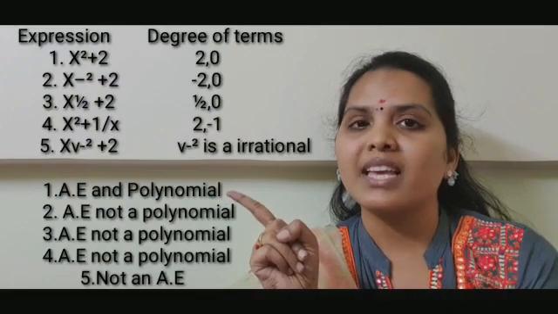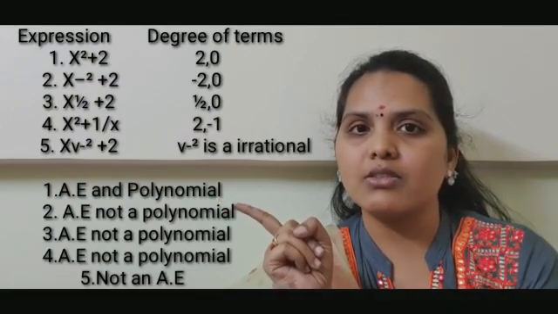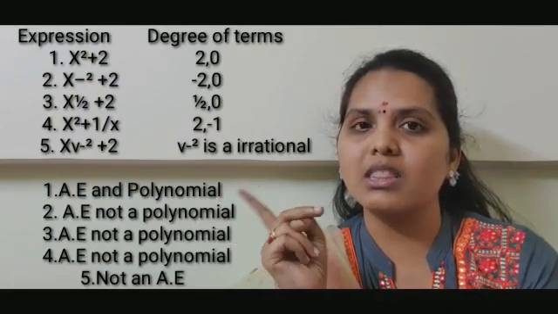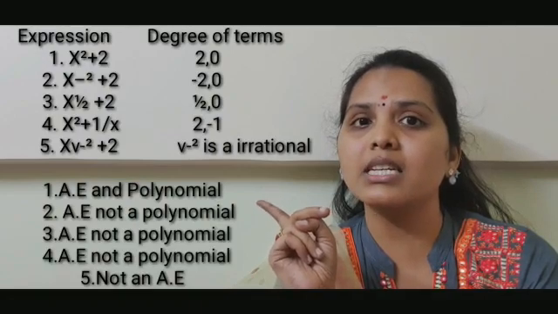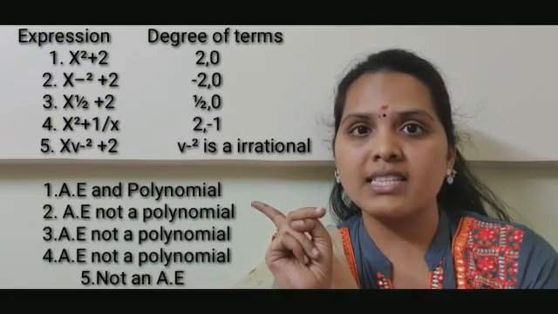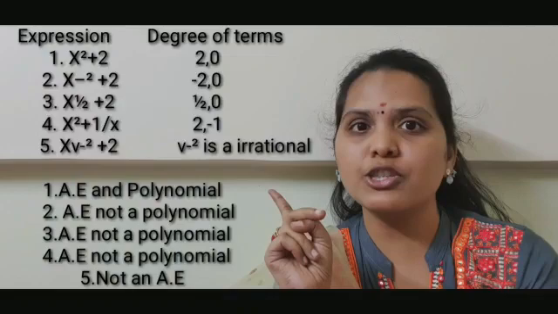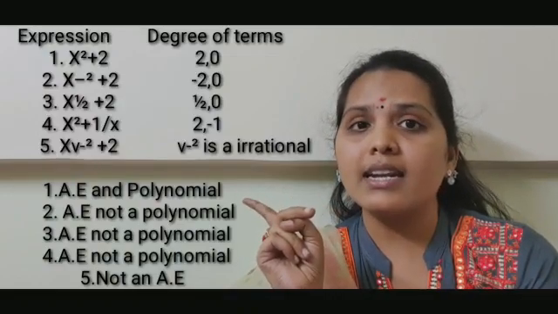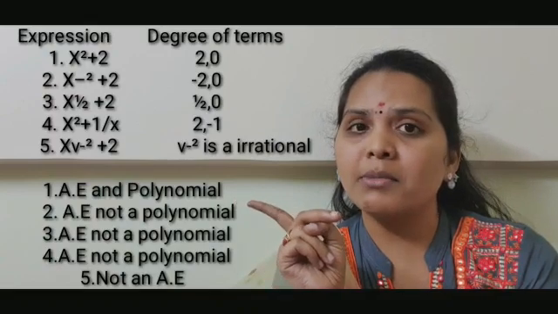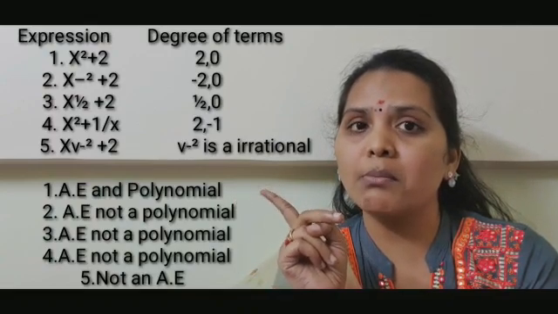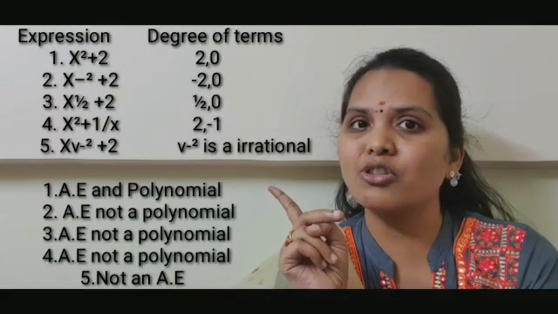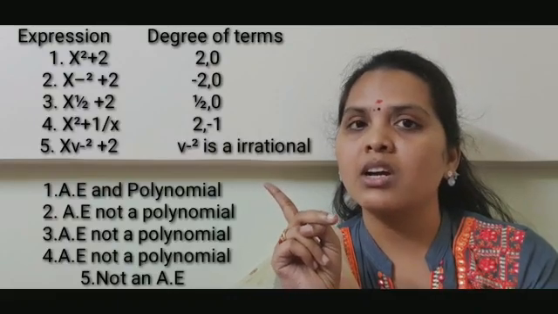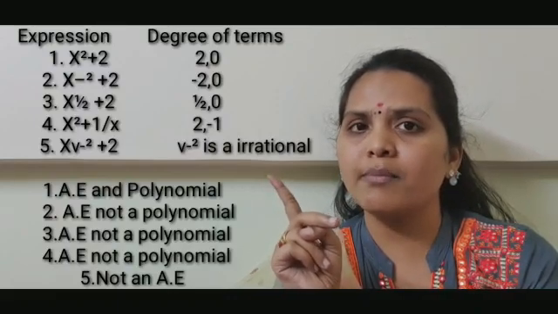Next, the fourth one, x square plus 1 by x. Here you have two terms. In the first term the variable is x and its power is 2, which is a positive integer and a rational number. Coming to the second term, you have 1 by x. 1 by x is nothing but x to the power of minus 1.